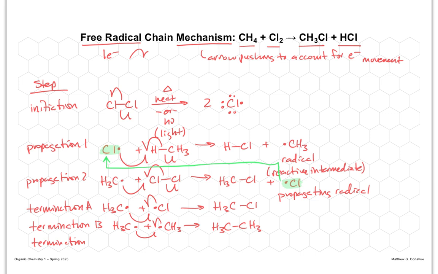Another type we could imagine is just the two chlorine radicals combining back to one another. And so what you'll notice is why these reactions can get complicated, so I'll highlight in blue here. Say that this termination step forms ethane.